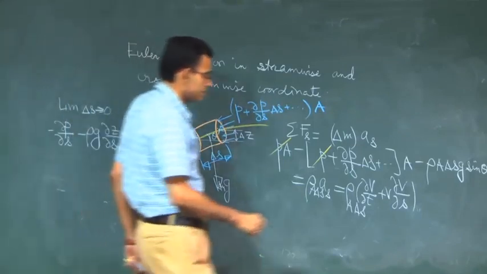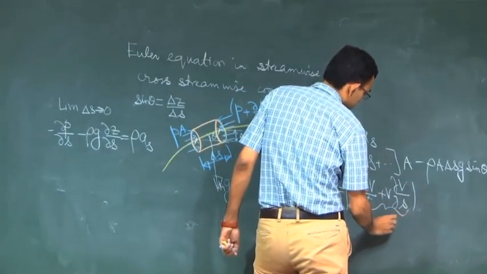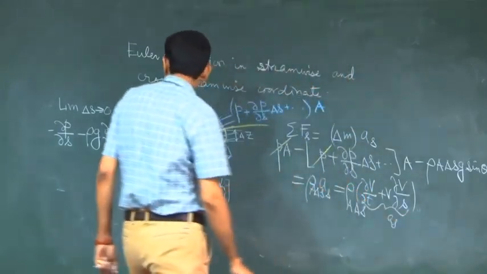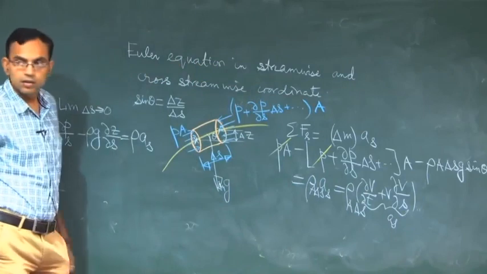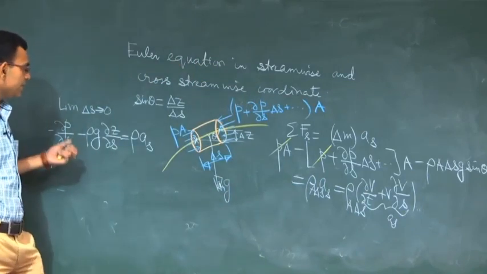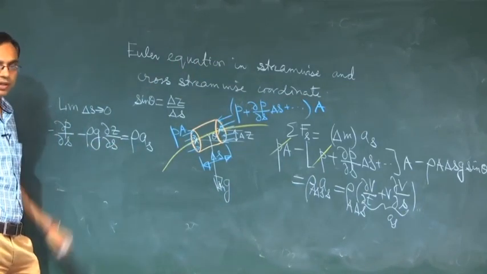This is a_s. So, this is the Euler's equation in the streamwise coordinate.